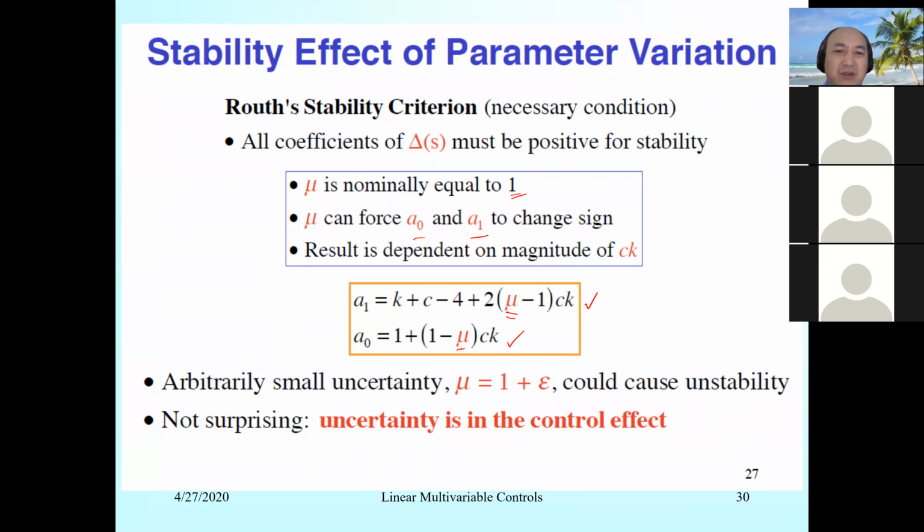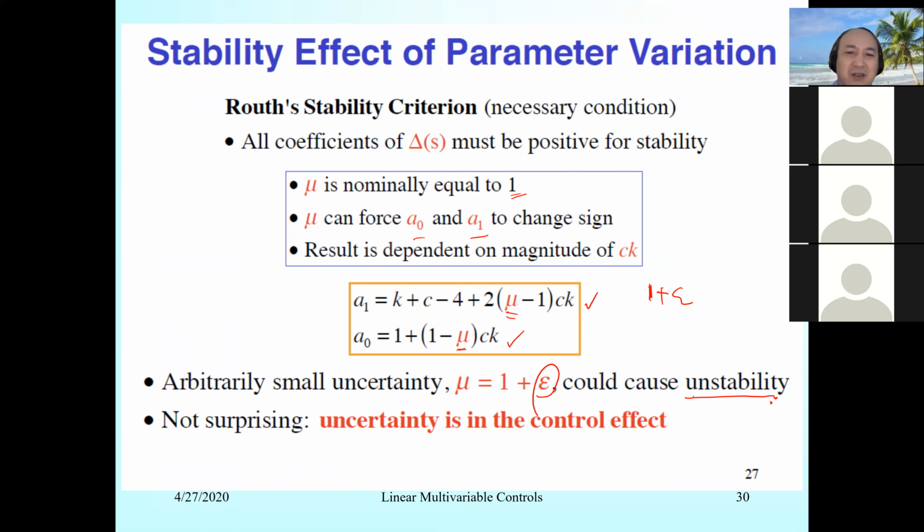If you change the mu a little bit, instead of 1, let's say mu is 1 plus epsilon, a very small value, then an arbitrarily small value will cause the instability.